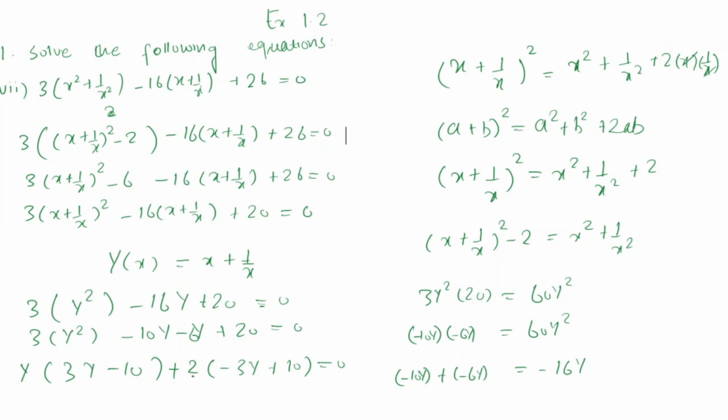But if you see, this is positive 3y minus 10, this is negative 3y plus 10, so either take a negative common from this term or from this one. So I will take the negative sign from here, y it is 3y minus 10, and just take negative from here as common. This would be positive 3y and this would be negative 10.